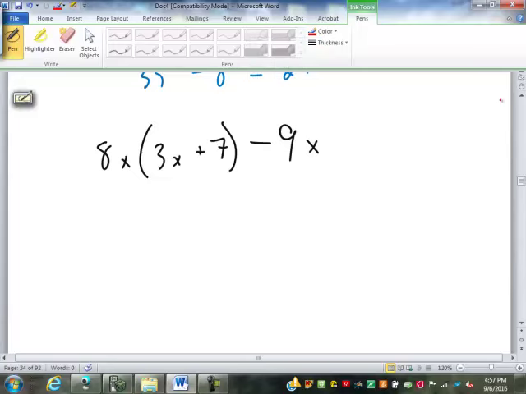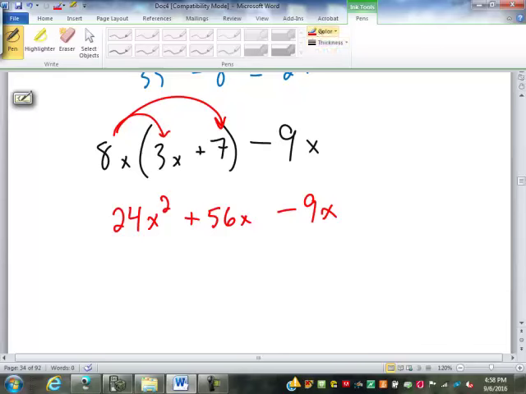So whether you do it out the long way or just distribute, 8x times 3x is 24x squared. 8x times 7x is 56x. And I still have a negative 9x here.